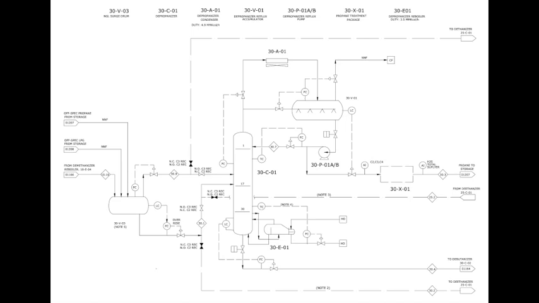Then you will see a temperature controller on the right that controls the temperature inside the column by controlling the flow rate of the reflux. As you can see here, there is also a cascade operation between the temperature controller and the flow controller that controls the valve.